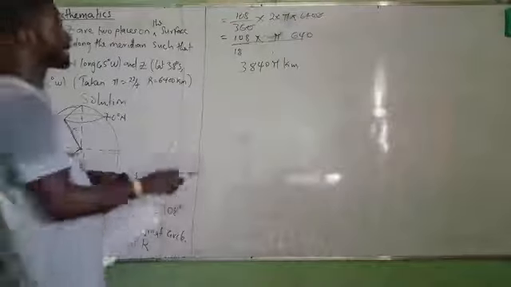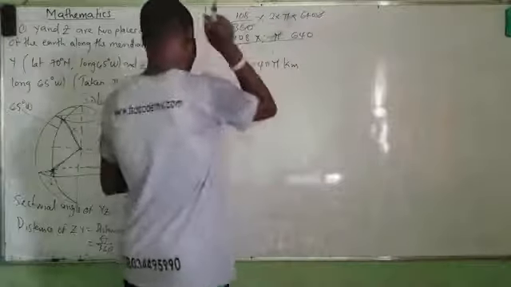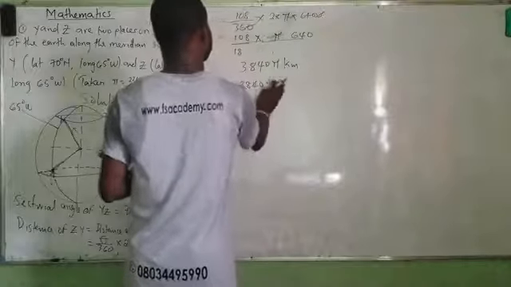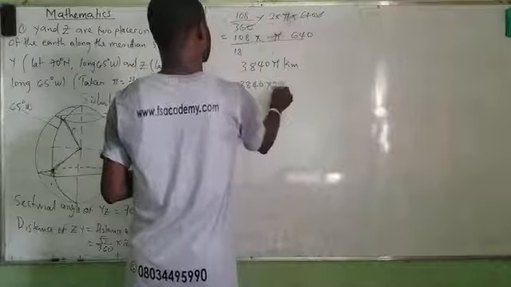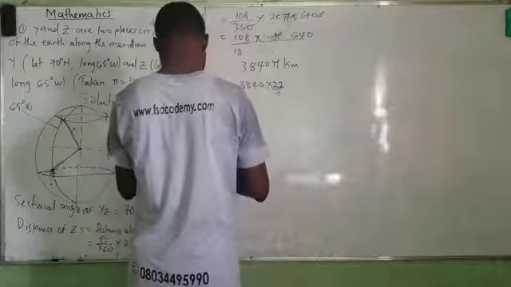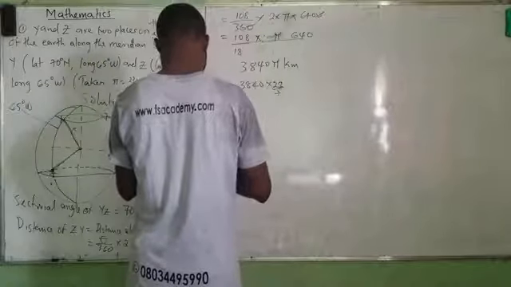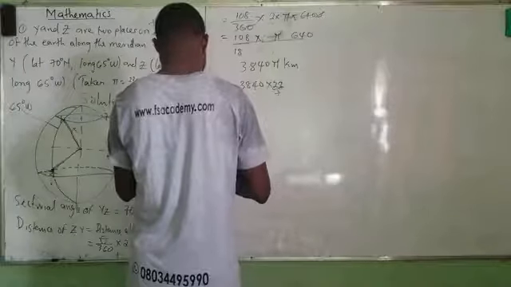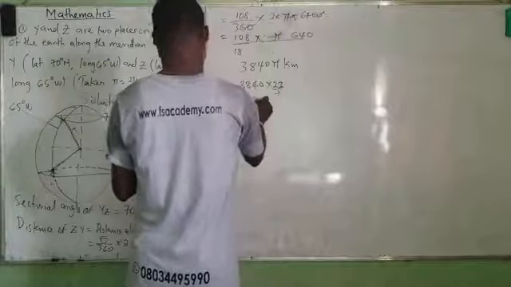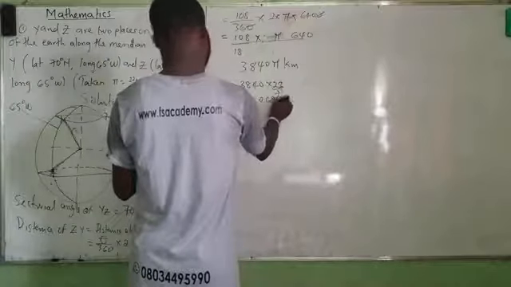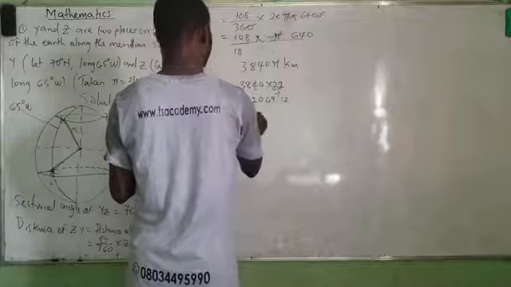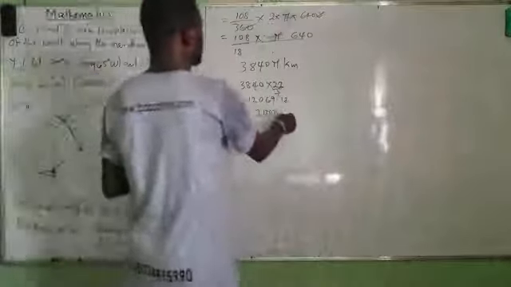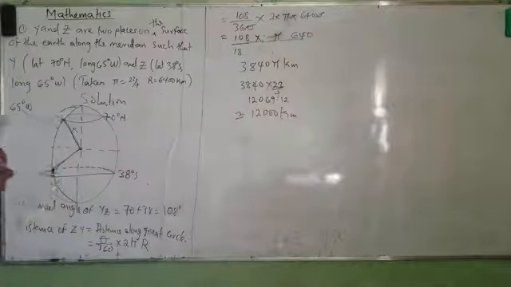Now I can say multiplied by 22 over 7, or multiplied by 3.143. 3,840 multiplied by 3.143 gives 12,006 point something. Now I can approximate it to two significant figures, which is 12,000 kilometers. Now that is whatever you will need to understand on that part.